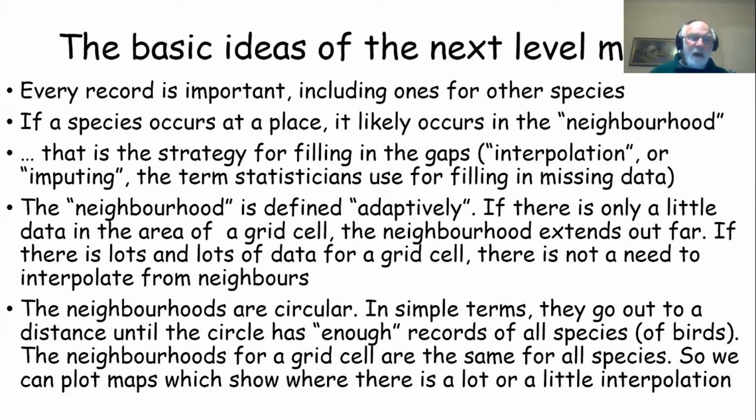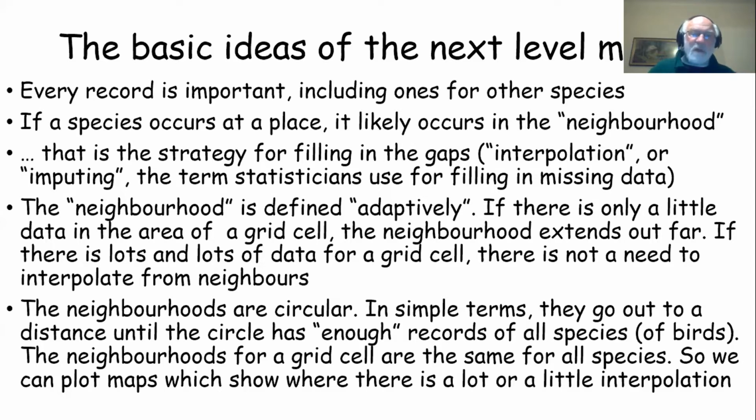So in this method as I'm describing to you, the neighbourhood is defined adaptively. Adaptively is a technical statistical term in this context. So the neighbourhood of a grid cell is tiny if there's lots of data in the grid cell and its immediate area.